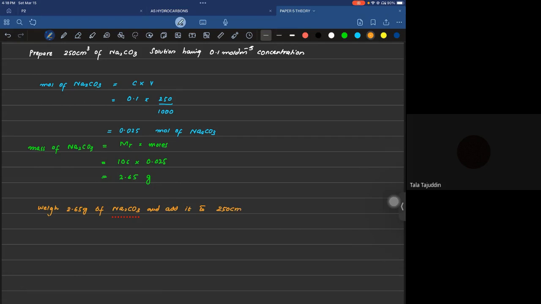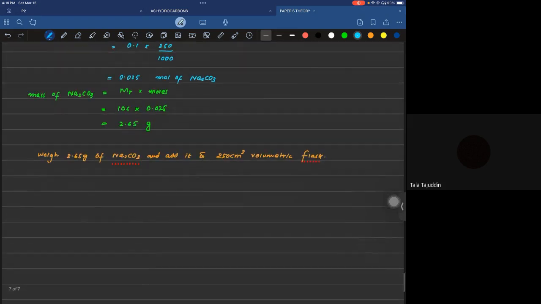250 centimeter cube volumetric flask. Let's suppose this is the 250 centimeter cube volumetric flask.